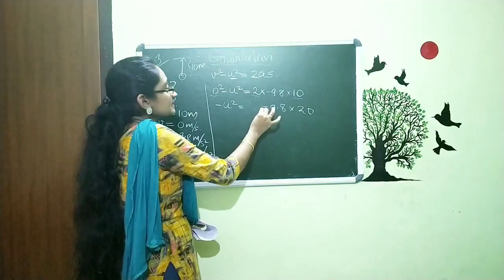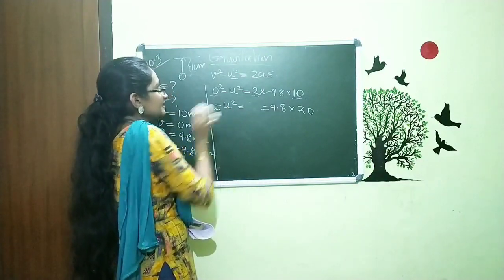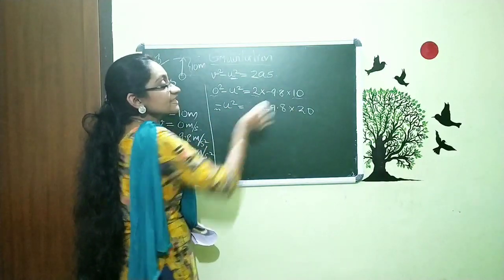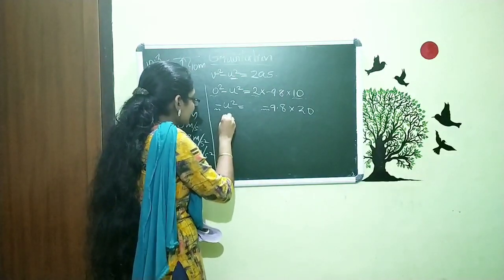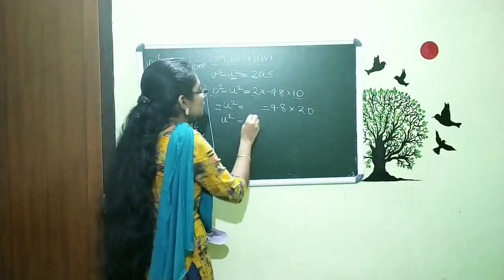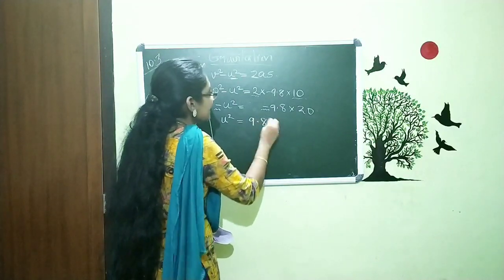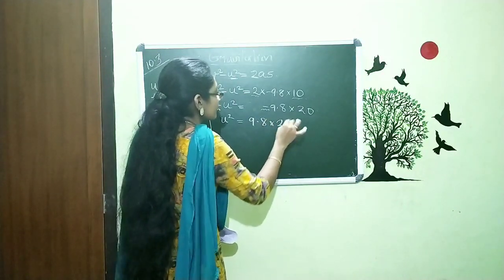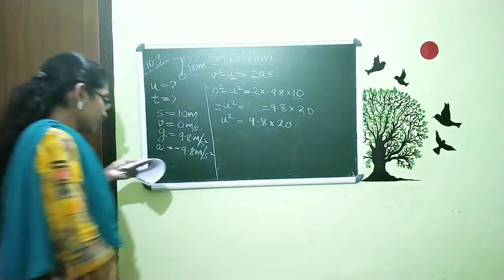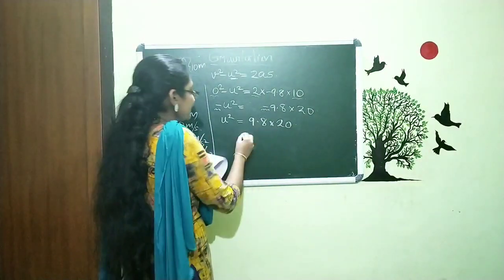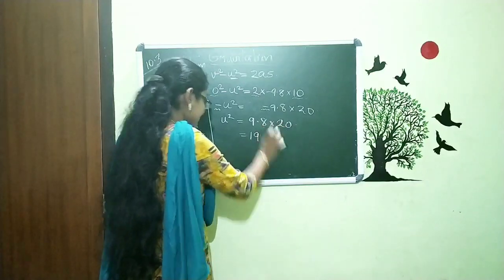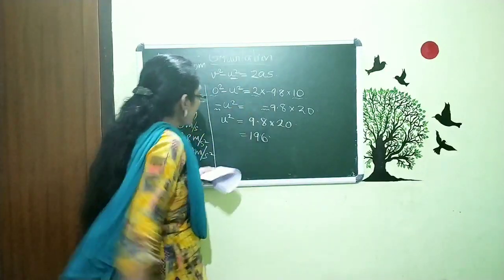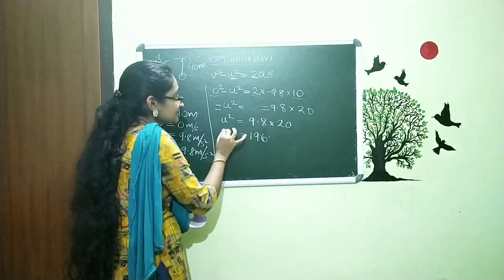Now this negative and this negative, and here is multiplication, so we can avoid this negative, and we can write it as u square is equal to 9.8 into 20. When we multiply this, we get the value as 196.